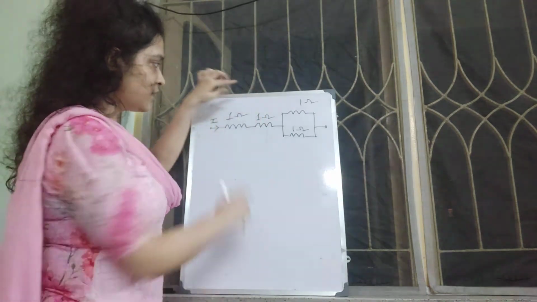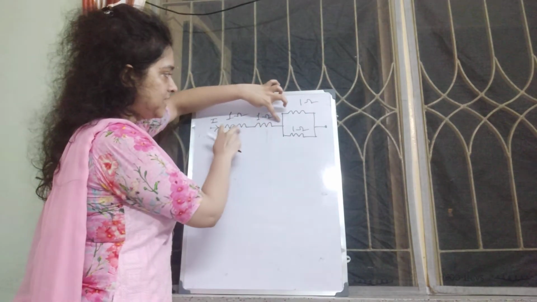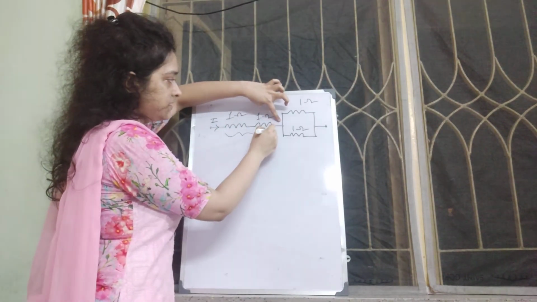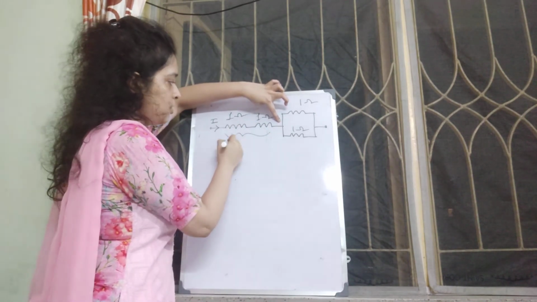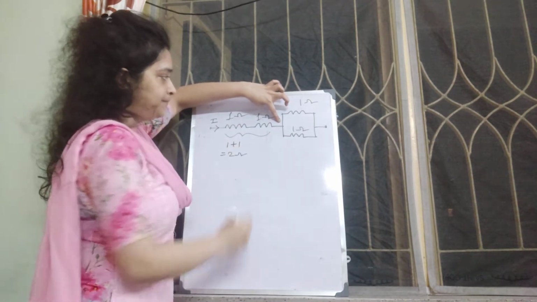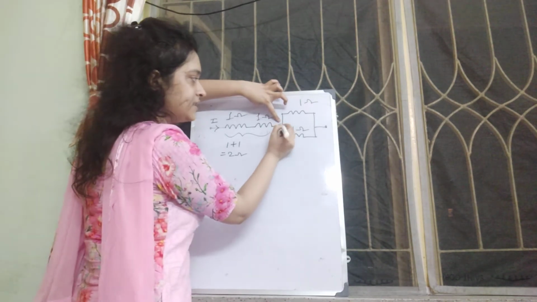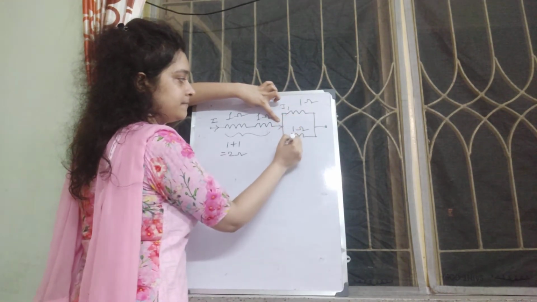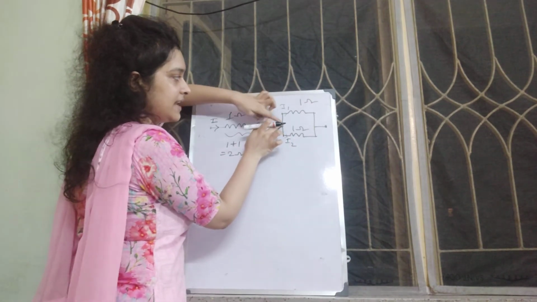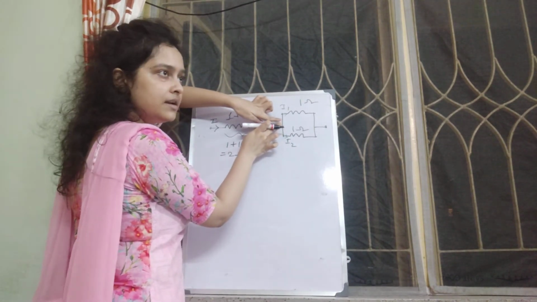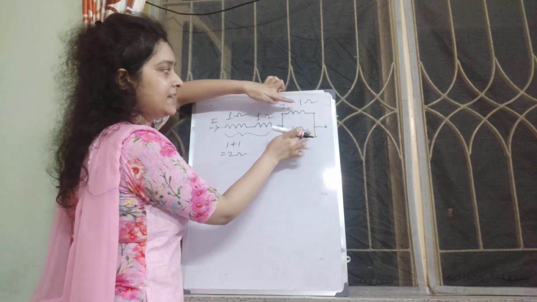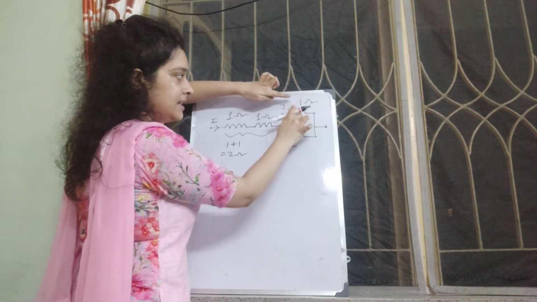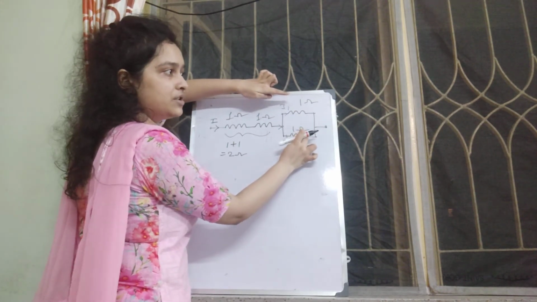These two are in series because the same current is flowing, so the equivalent resistance for them is 1 plus 1, 2 ohm. But as soon as the current reaches here, it divides into two parts. It has more than one way, the current is getting divided. That means these two are in parallel combination.